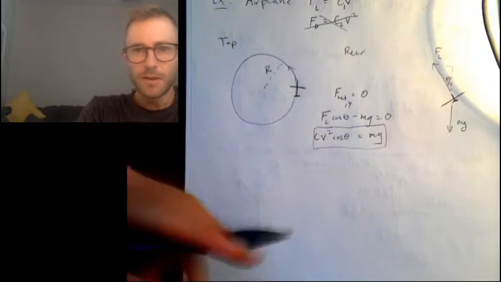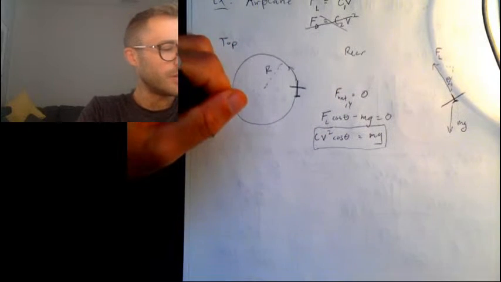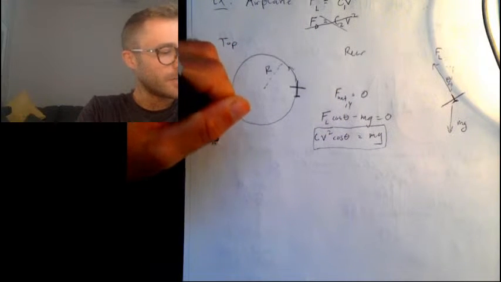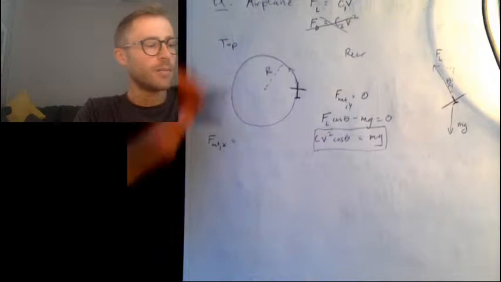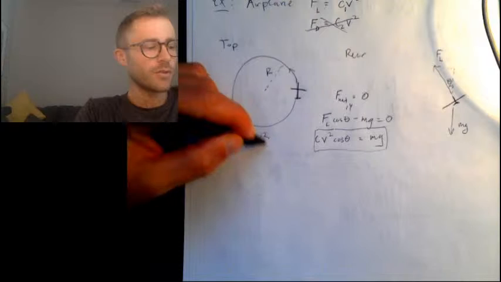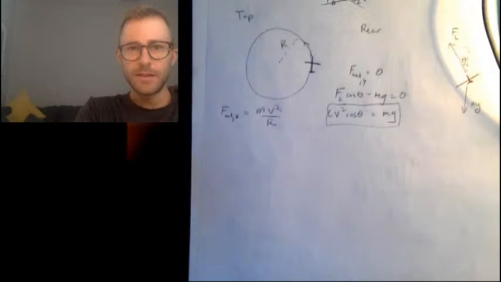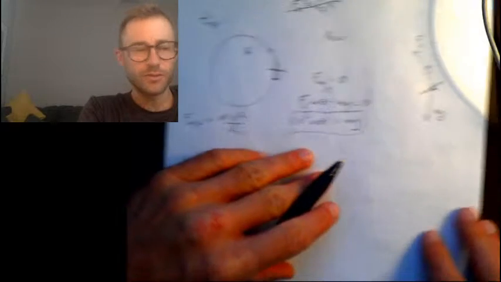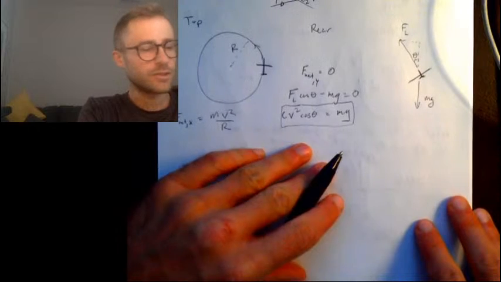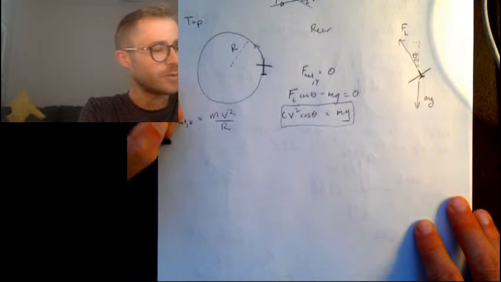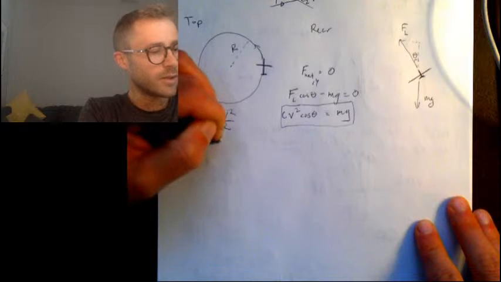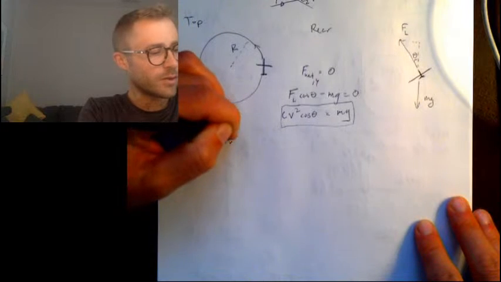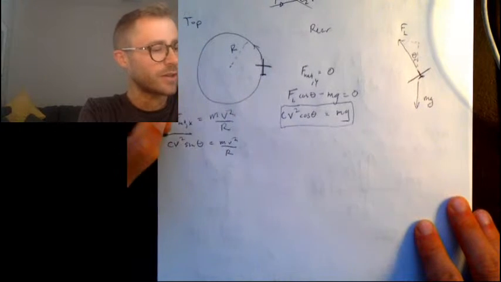The other equation is the equation in the x direction, which is mv squared over r. In the x direction, the net force is lift times sine of theta. So we have c v squared times sine of theta equals mv squared over r. So this is our second equation.